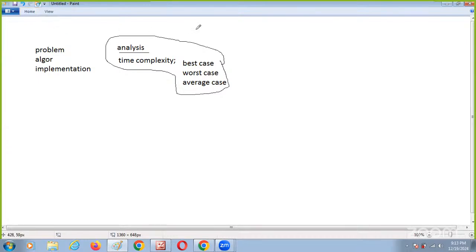So in order to analyze, we have time complexities: best case, worst case and average case time complexities.